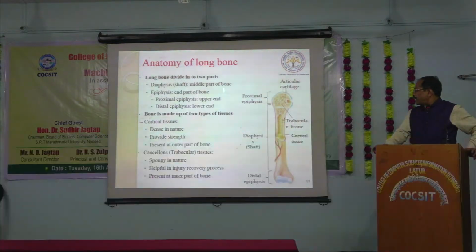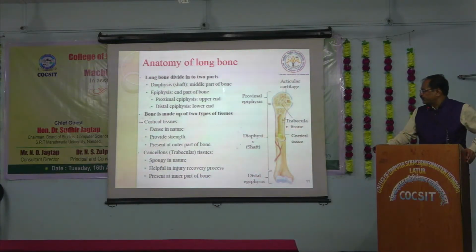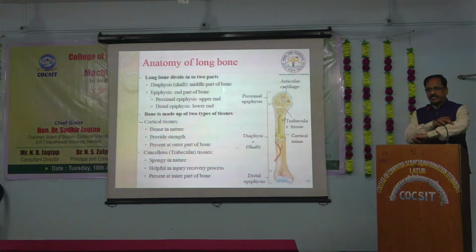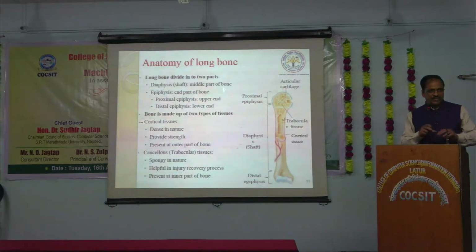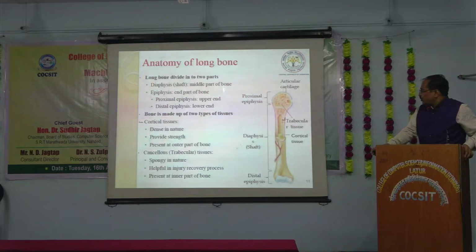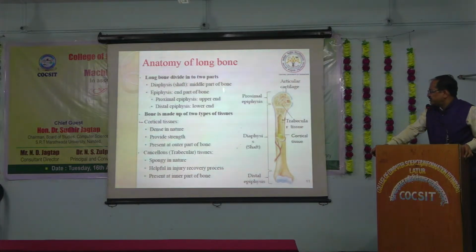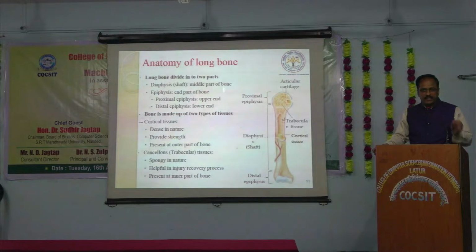Bone is made up of two types of tissues. The upper part is a dense part made up of calcium, and inside that we have bone marrow, which is soft tissue. The dense one is called cortical tissue.